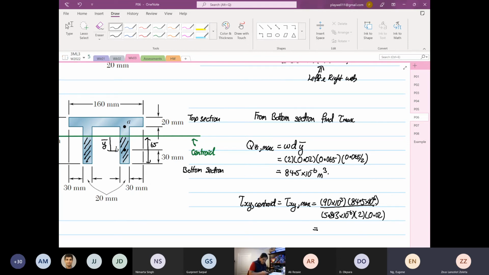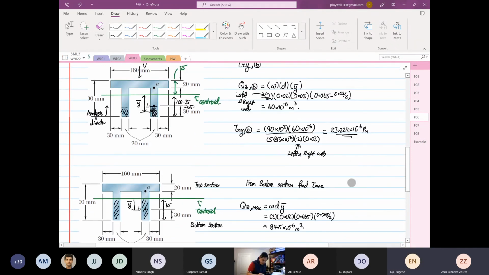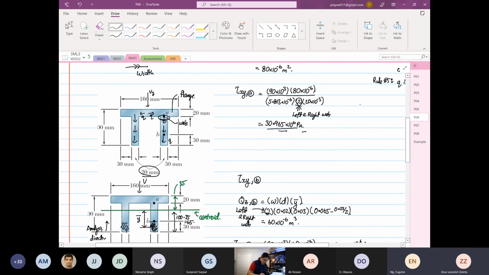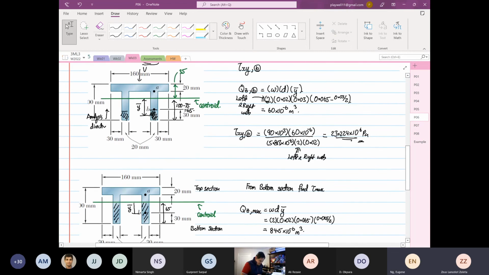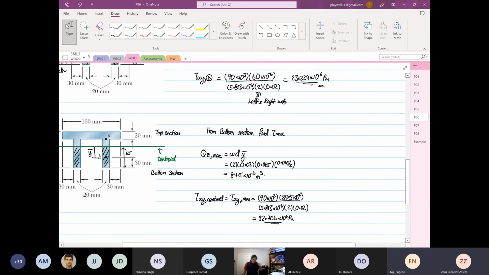This is equal to 32.706 times 10 to the power 6 Pascal. That is your tau max. And it's higher than at point B and higher than at point A. Lucky.